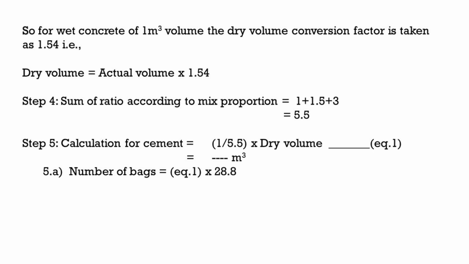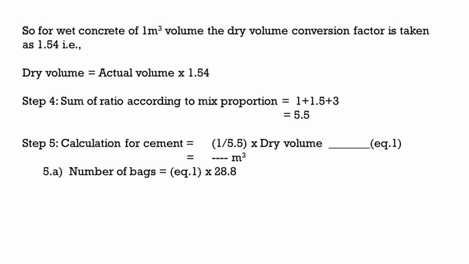But in the market, we get cement in terms of bags, that is number of bags. So it is required to convert the quantity into bags. So how are we going to get that? For that, we multiply whatever the value we got by 28.8. Again, why should we multiply by 28.8 only?